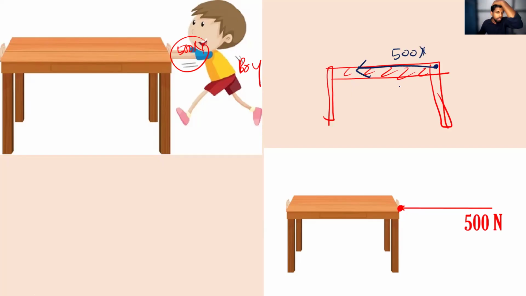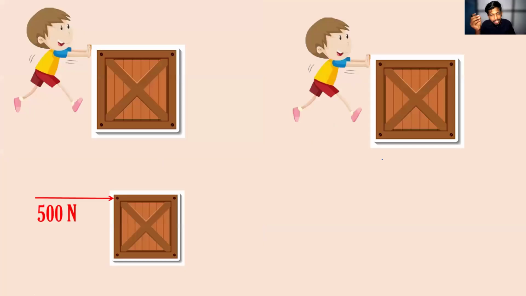So we can use both ways, the first method or the second method. But you should understand where the arrow mark started. Here I have put a small point, right? That is the place where we are applying the force. In this picture, we want to draw like this. Point of application is this.